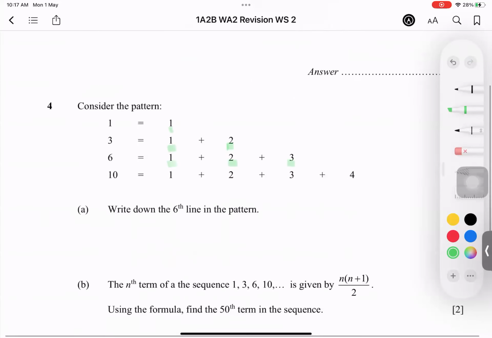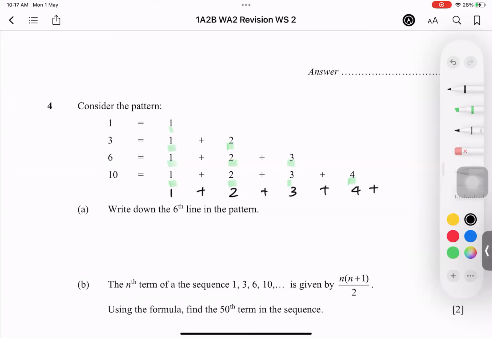Then 1 plus 2 plus 3 plus 4. What do you think is the next line? It will be 1 plus 2 plus 3 plus 4 plus 5, right? So every time we add one more number. So this is our first line, second line, third line, fourth line, fifth line.